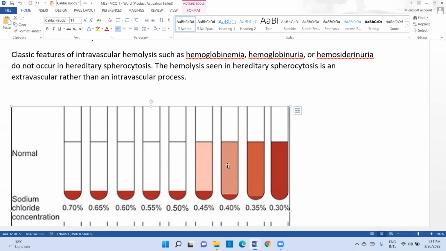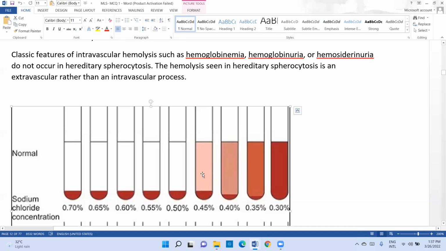This means now the spherocyte is like a ball. Normal red cell is a flat one. So for a flat, normal red cell, the water has to enter the cell in hypotonic.